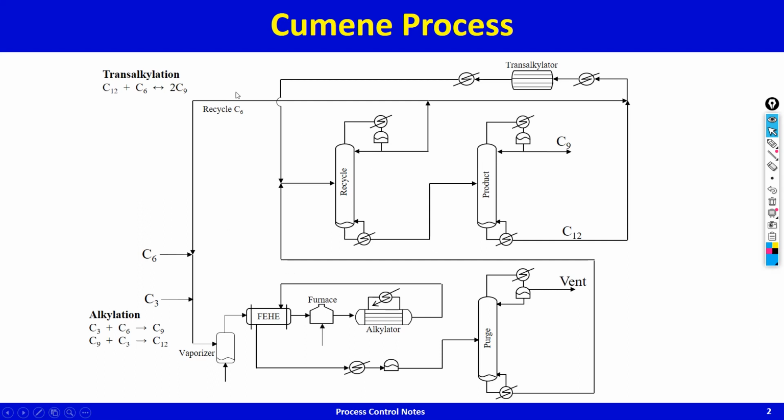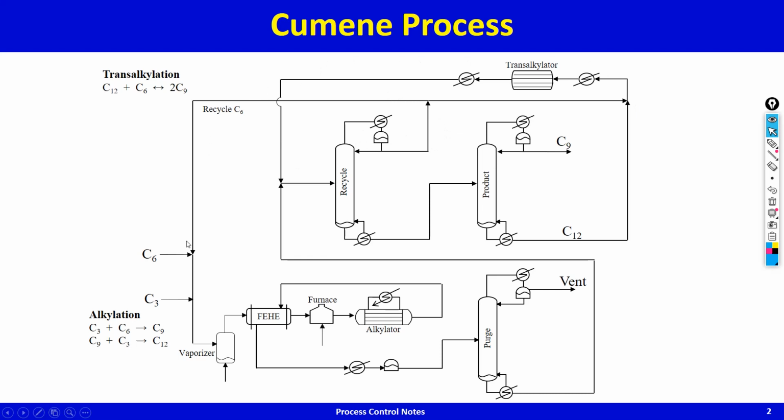Now this C12 is going out here, then going here. Only part of it gets converted, because the transalkylator is an equilibrium limited reaction, so the single pass conversion is going to be limited. That which is not converted builds up in this DIPB recycle loop.